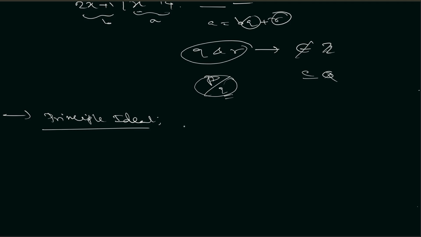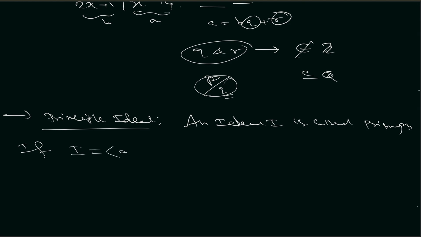An ideal I is called principal if this I is generated by some single element a in A, which is a ring. So this is a simple definition. The ideal should be generated by a single element.